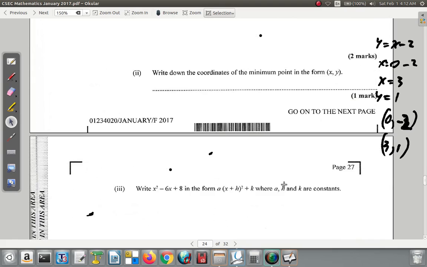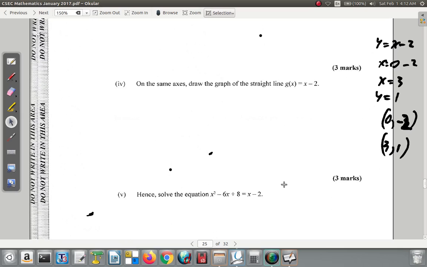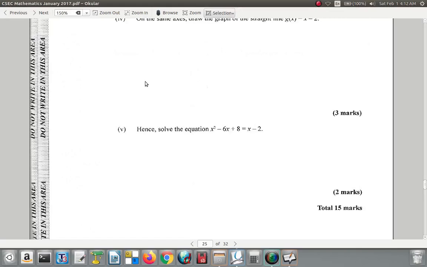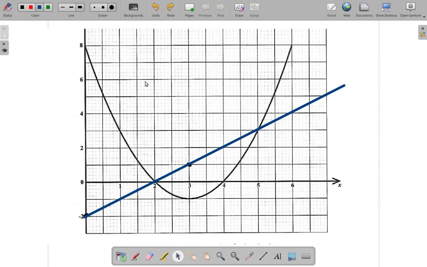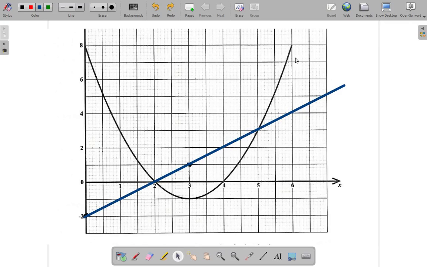And then what else do they ask? Hence solve the equation x squared minus 6x plus 8 is equal to x minus 2. What you do is see where both lines actually intersect each other. The curve is x squared minus 6x plus 8, and the straight line is x minus 2.